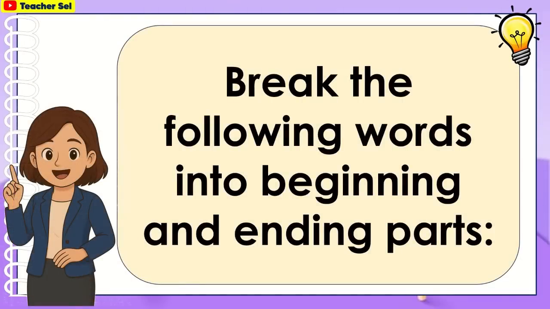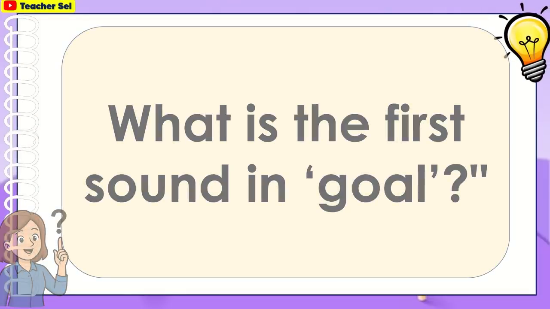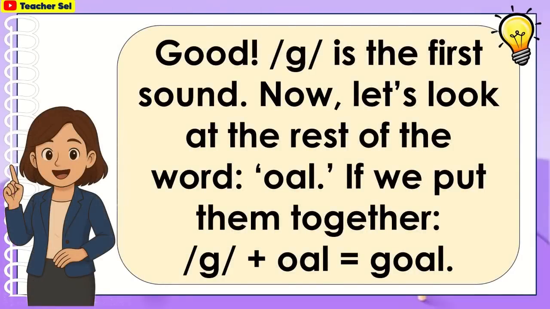Break the following words into beginning and ending parts. What is the first sound in goal? Good. G is the first sound. Now, let's look at the rest of the word. All. If we put them together, G plus all equals goal.